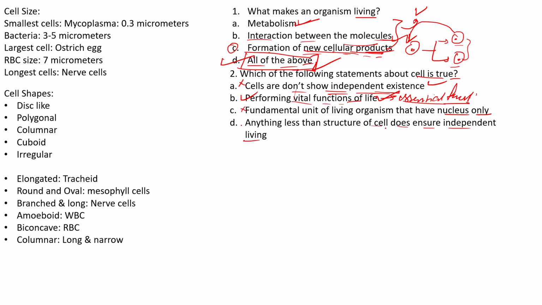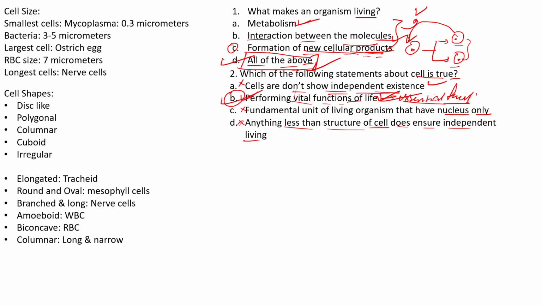The statement is not true. If any one part or component is missing, it cannot live independently. So the fourth statement is also false. So we can say that B statement is actually the true one.